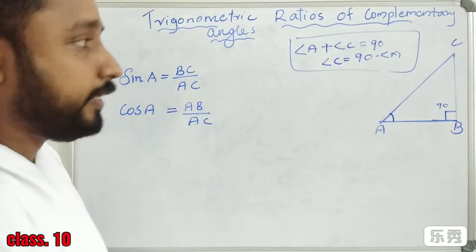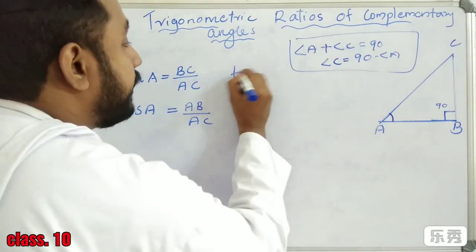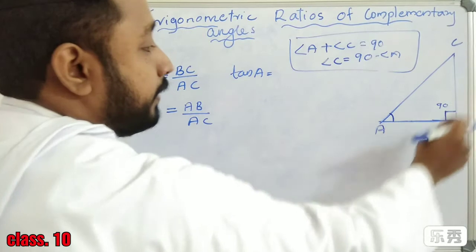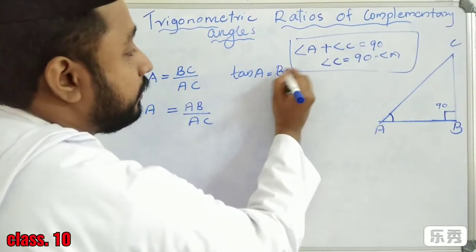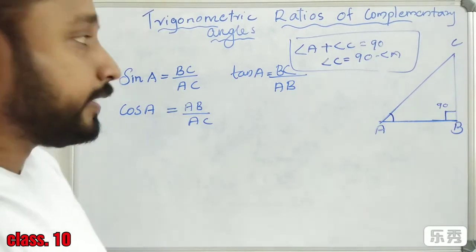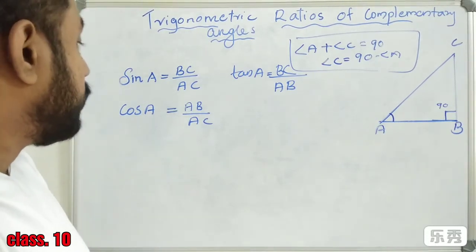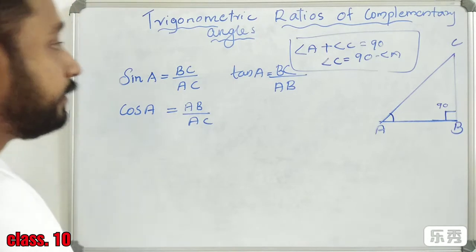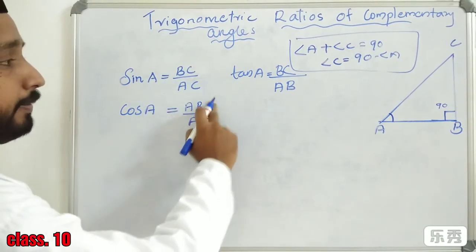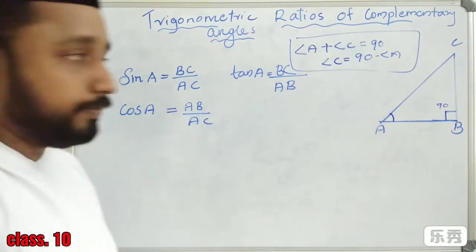And tan A is equal to opposite side by adjacent side, BC by AB. These are the first three trigonometric ratios: sin A, cos A, tan A. Then cosec A means AC by BC, sec A is AC by AB, and cot A is AB by BC.